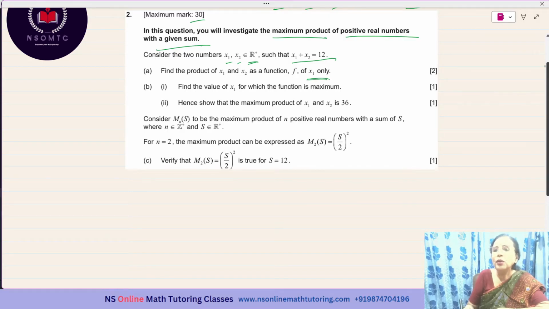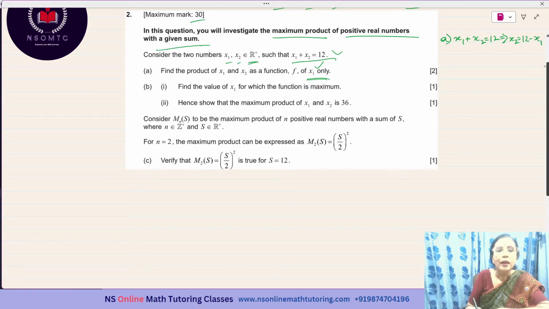Okay. So we are given that x1 plus x2 is equal to 12. And we have to keep only x1. Therefore, x2 is equal to 12 minus x1.